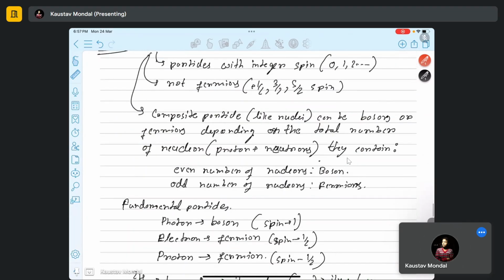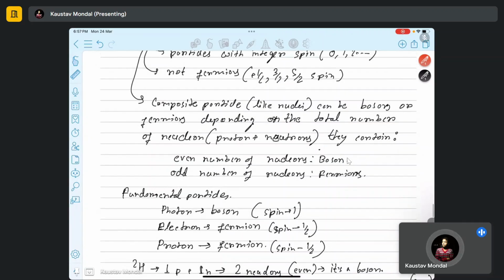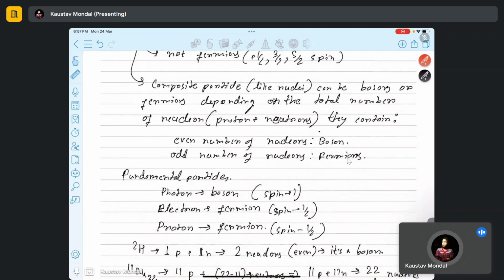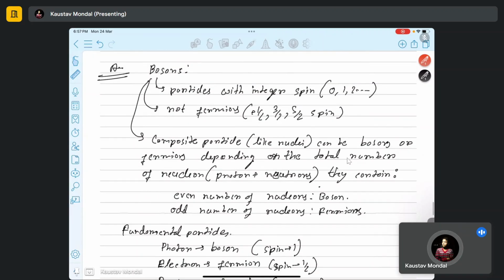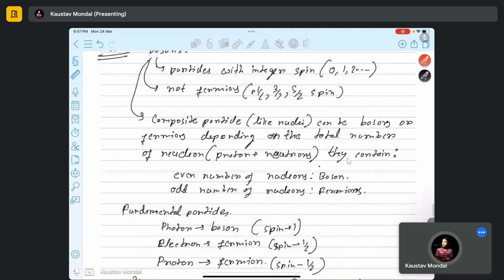That's problem number 4. Basically, the main concept here is that for fundamental particles, the photon is a boson, but for other particles like electron, proton, these are the facts you should know. And if it's a composite particle like a nucleus, like the sodium or the oxygen or the deuterium in this problem, then you have to calculate the number of nucleons.